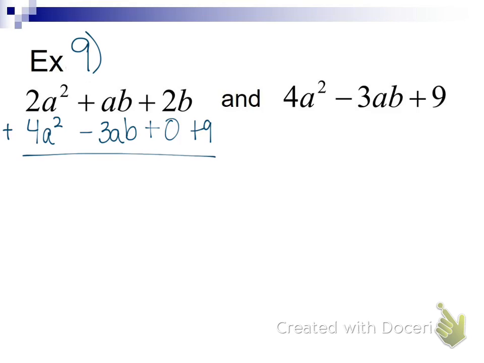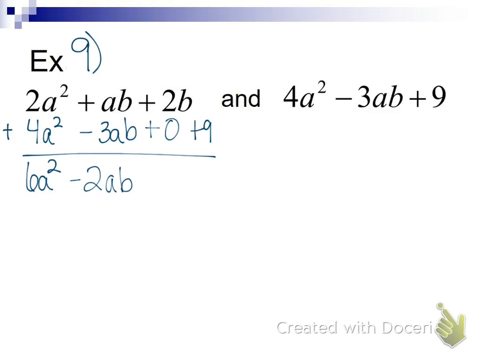Okay. When we add them, 2a squared plus 4a squared is 6a squared. Positive ab plus a negative 3ab, it's kind of like taking 1 plus negative 3.